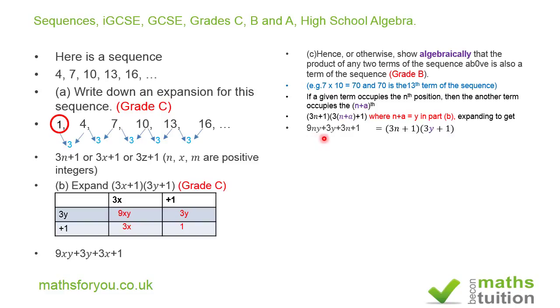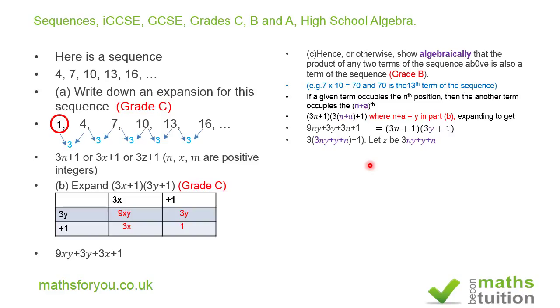Now, what I'm going to do is to try and factorize the first 3 terms of this expression: 9ny plus 3y plus 3n plus 1. I'm going to factorize the first 3 terms. So we end up with 3 into 3ny plus y plus n, close brackets, plus 1.